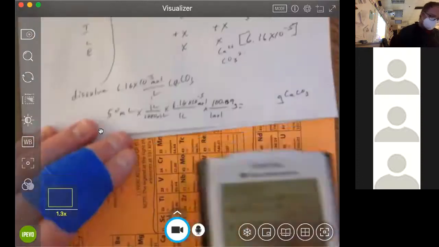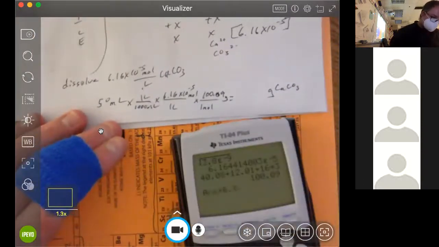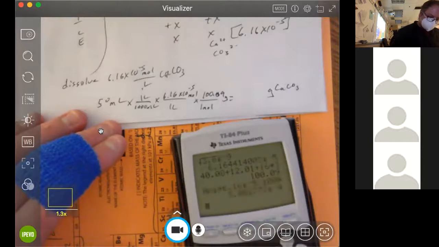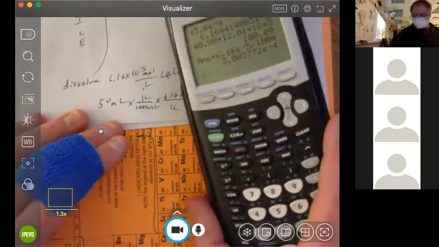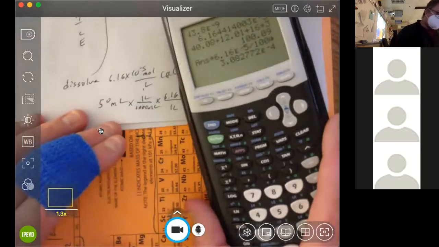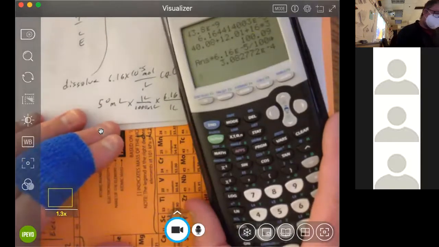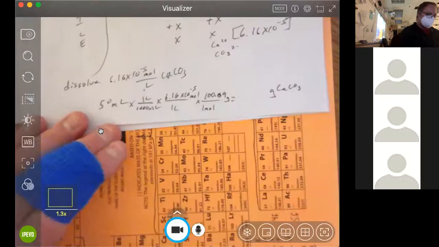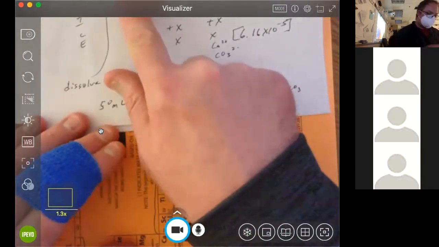So we take 100.09 times 6.16 times 10 to the negative fifth, divided by 1,000 times 50. So we get 3.08 times 10 to the negative fourth grams of this calcium carbonate to dissolve in.